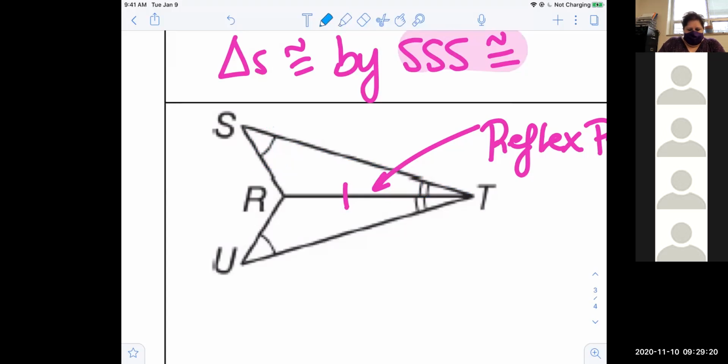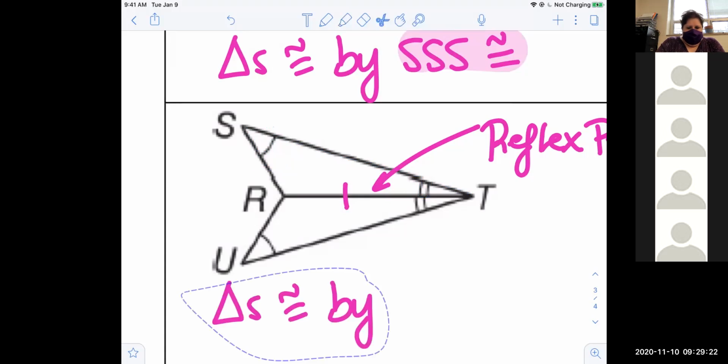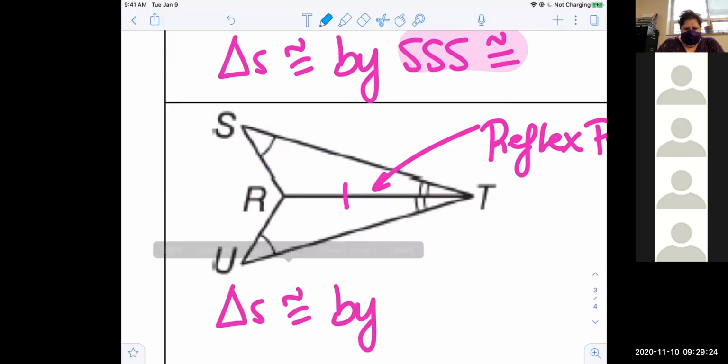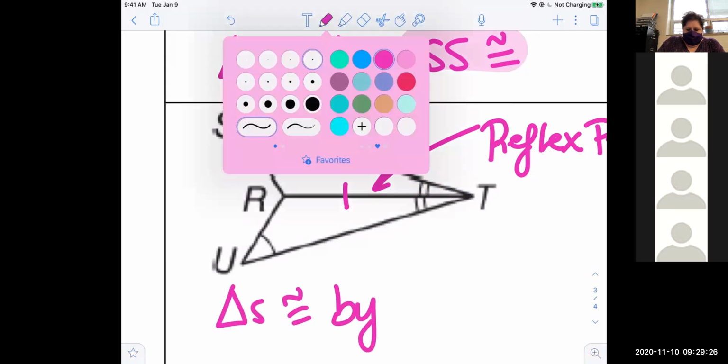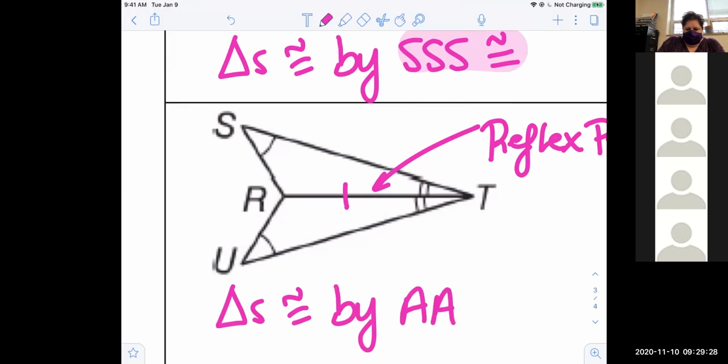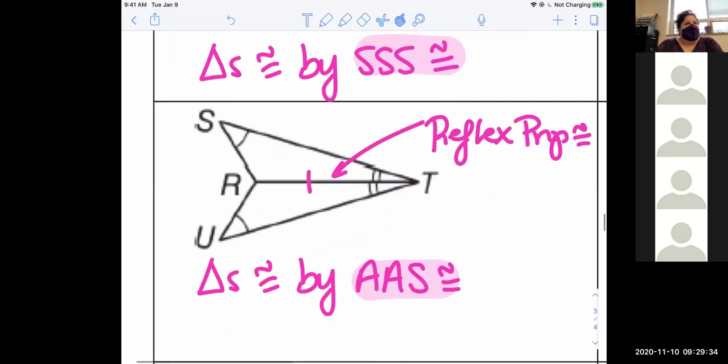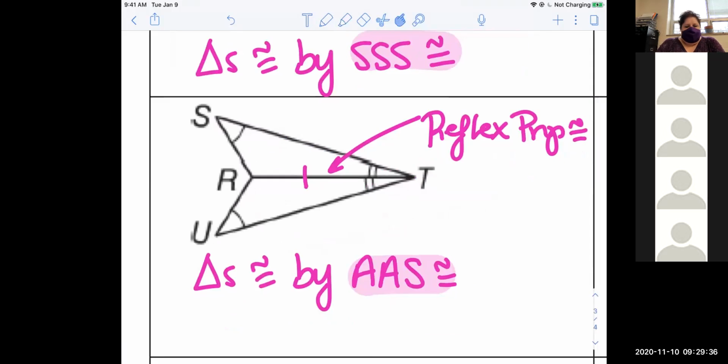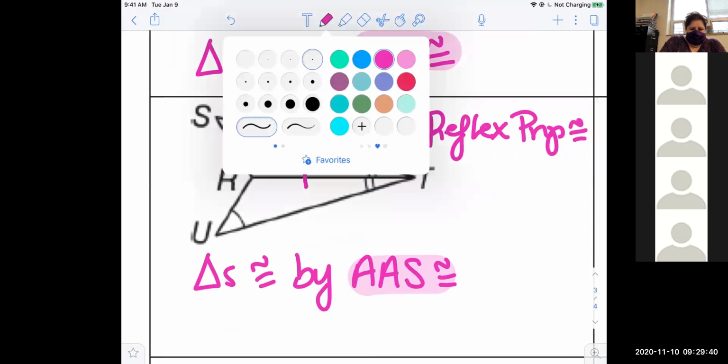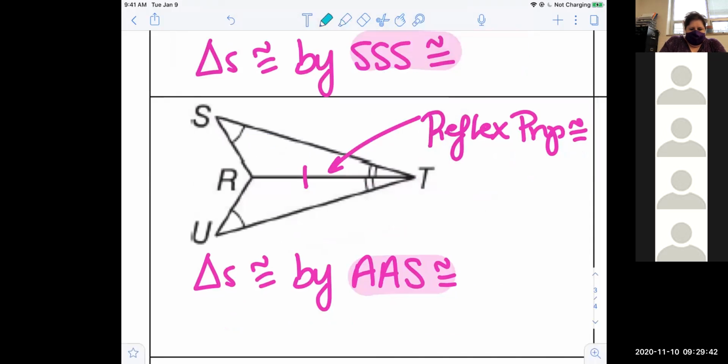So the triangles are congruent by angle, angle, side. Now that would be good. That's sufficient, no problem there. Somebody might look at this and say, okay, I actually could mark these congruent right here.